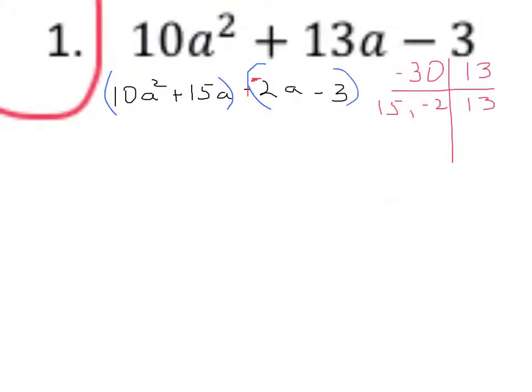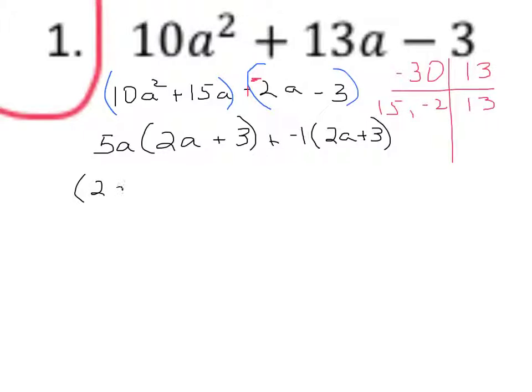And in our first case, we pull out a 5a, and we're left with 2a plus 3, plus, and then we pull out a negative 1 so that we get 2a plus 3. So now we have the common factor of 2a plus 3, and we're left with 5a minus 1.